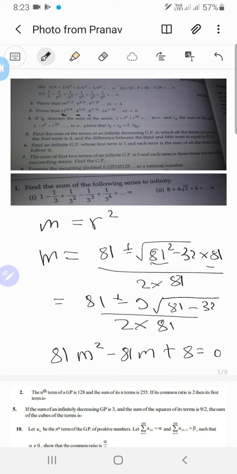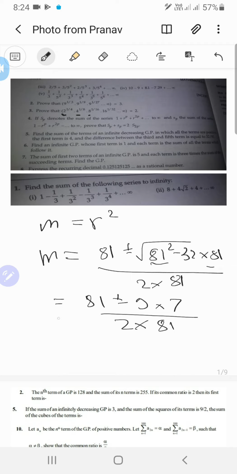Well, what's 81 minus 32? This will be 11 minus 2 is just 9, and 7 minus 3 is 14. Oh, that's it. So this is going to be equal to 7, right? So 9 into 7. You will have 81 plus minus 9 times 7 is 63 upon 2 into 81.